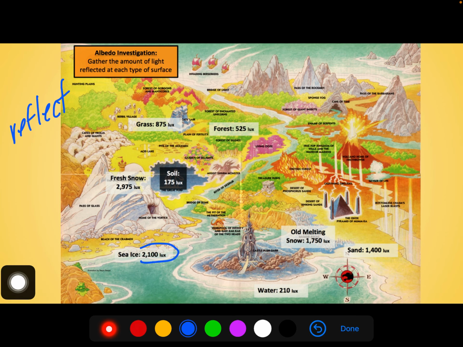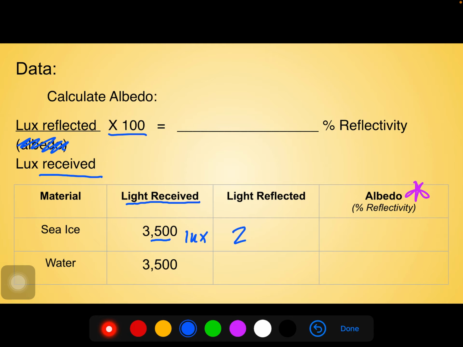Here it is, sea ice, 2,100 lux. So that's how much light this surface is reflecting. So I need to plug that into my simple calculation. 2,100 divided by the amount of light coming in, 3,500. And then I'm simply going to multiply that by 100.